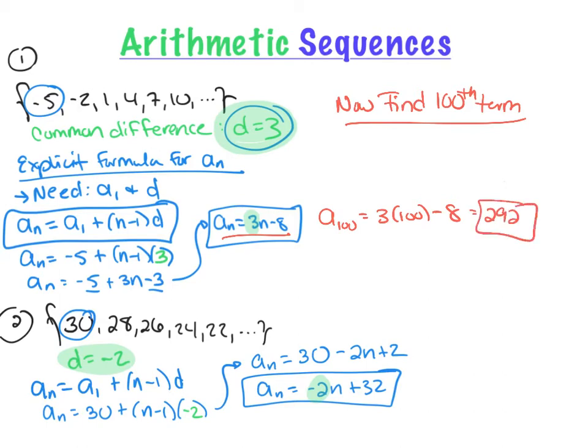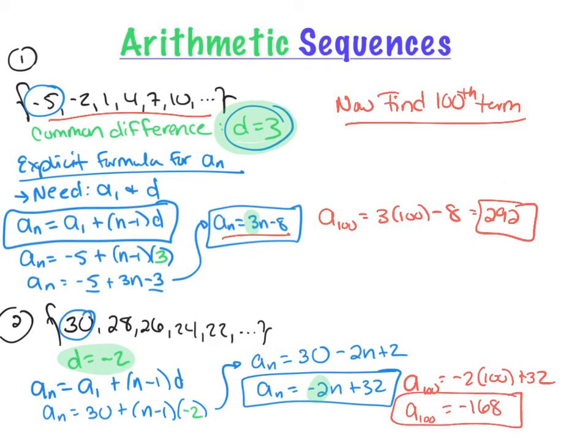Without doing any of this long work of listing out all 99 terms and then adding 3 to the last one. And down here, if we wanted to find the 100th term, negative 2 times 100 plus 32. Negative 200 plus 32 is negative 168. And we did that really quickly. So having an explicit formula for these sequences is really useful in finding large terms down the line in our sequence.